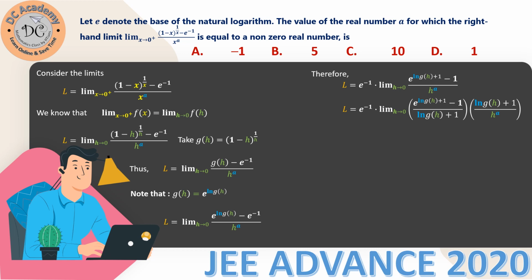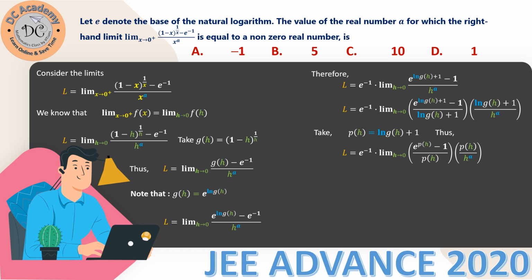Now here we obtain two different limits, so we need to calculate them. First we take p(h), another function we introduce, that is ln of g(h). So L is equal to e to the power minus 1 times limit h tends to 0 of (e to the power p(h) minus 1) divided by p(h), multiplied by p(h) divided by h.